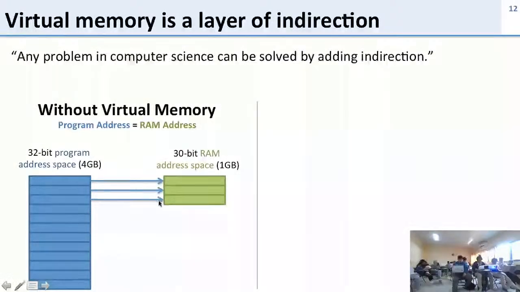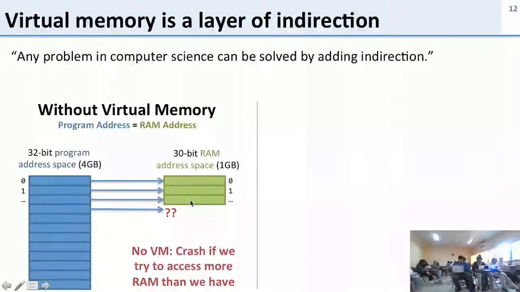And we saw before these addresses are fine. Address 0 is going to map over here to 0, 1 to 1, etc., all the way through the first gigabyte. But what happens is when we start using addresses that are beyond the first gigabyte, they don't have anywhere to map to. So with this direct mapping here, we're going to crash if we try to access more memory. So virtual memory is going to solve this by adding a level of indirection.